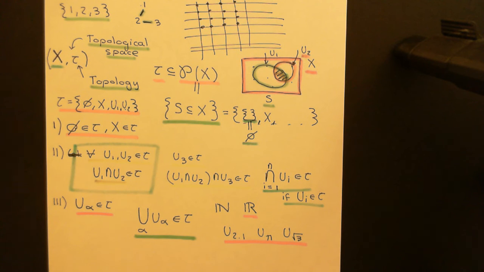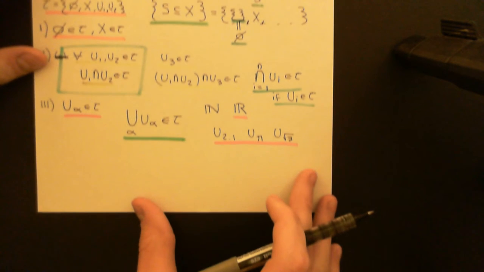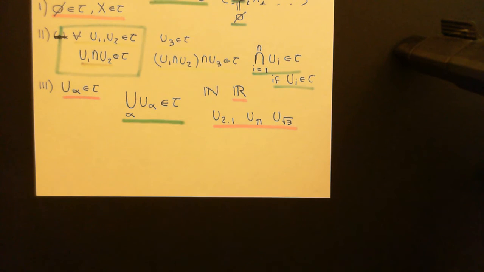Okay, so that's the intuition that I hope to have given you by the end of this video, and it's not particularly rigorous, but it does help to understand really why we looked to a subset of the power set of X, to a set of subsets of the set capital X to capture this concept.